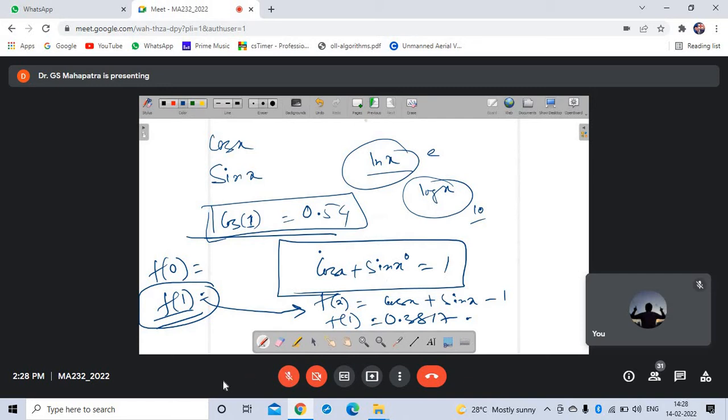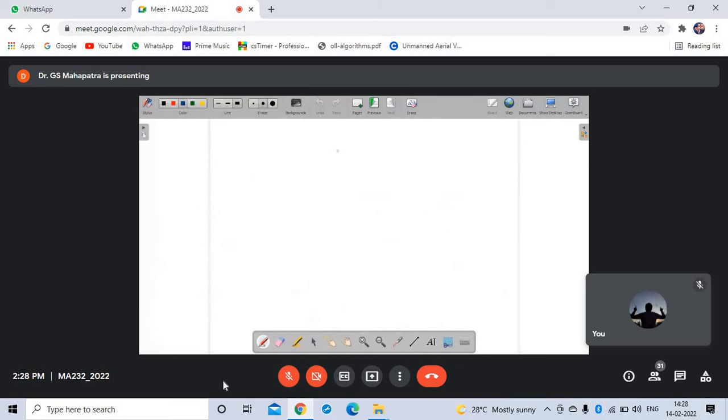ln x means base e. Log of x generally means log of base 10. These are the basics. Now I will consider one problem. You should have a calculator.